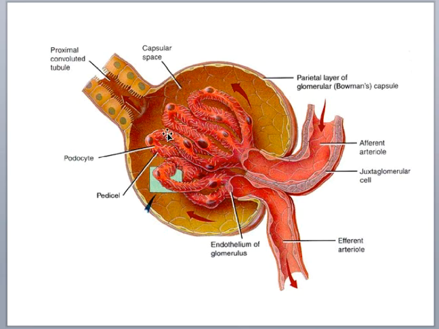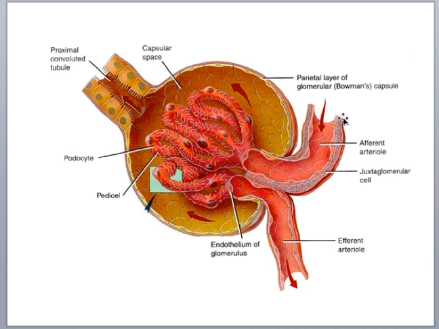The pedicels from multiple podocytes will interdigitate and form a woven type pattern, and this creates slit pores. So this is helping create a size exclusion. Only those molecules that can fit through the fenestrae and then fit through those slit pores will end up as part of the filtrate. This makes sure that whole cells and really important proteins aren't going to be able to make their way out. They'll stay a part of the blood plasma. Okay.